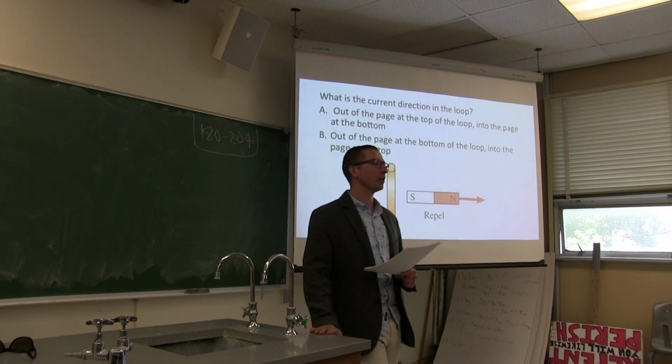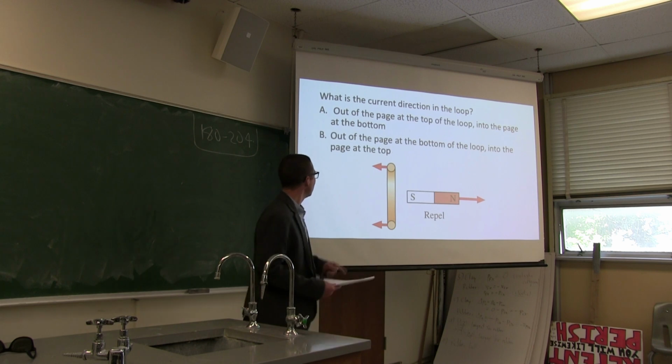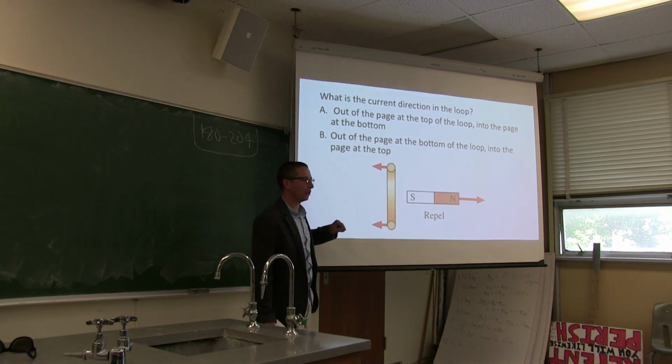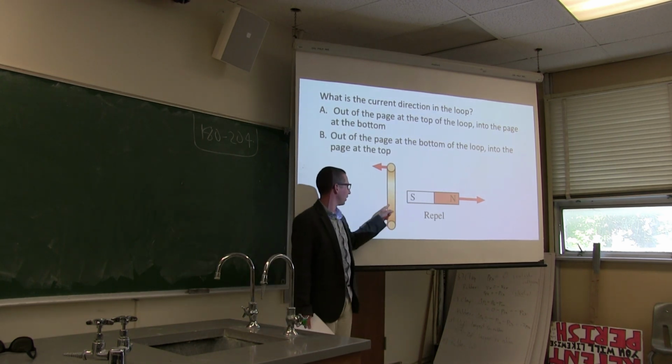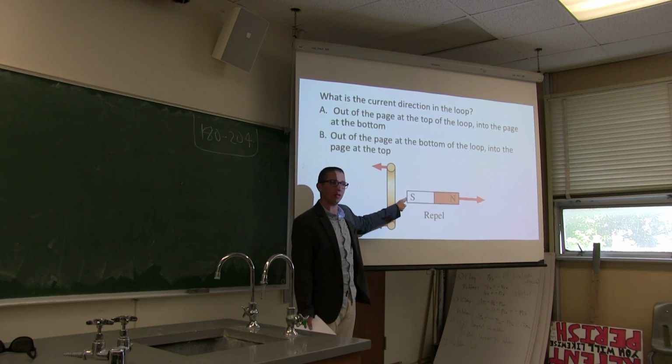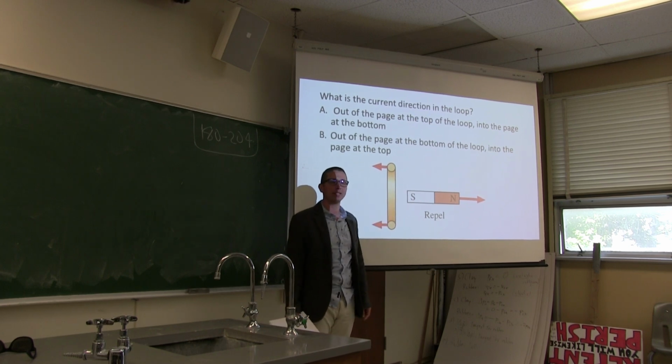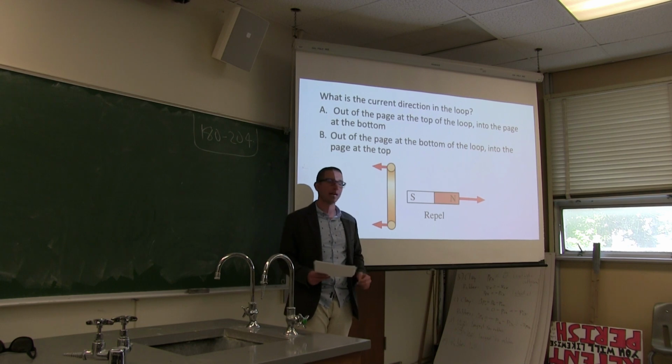Yeah, we've converged to B, which is correct. In order for these two to repel each other, the right side of the loop has to function like a south pole. And the only way for the right side of the loop to function like a south pole is if the magnetic field lines are converging into the right side of the loop.